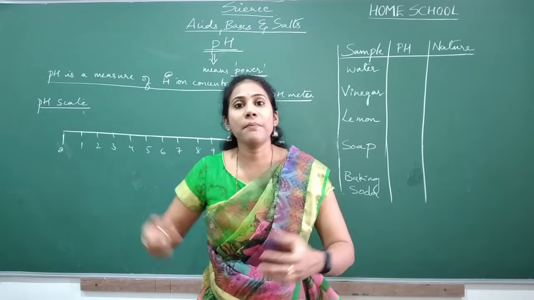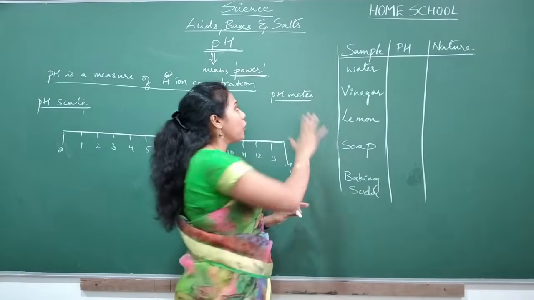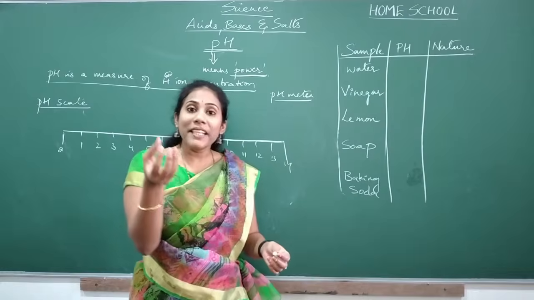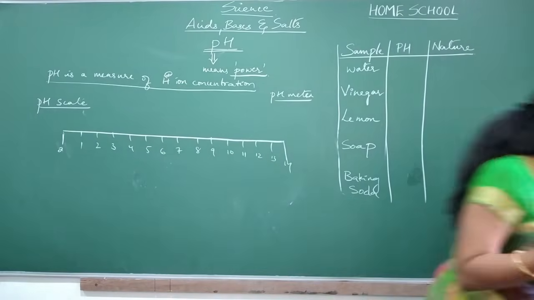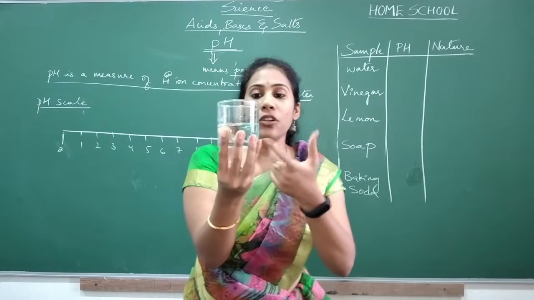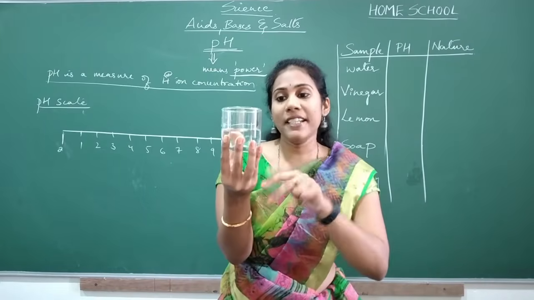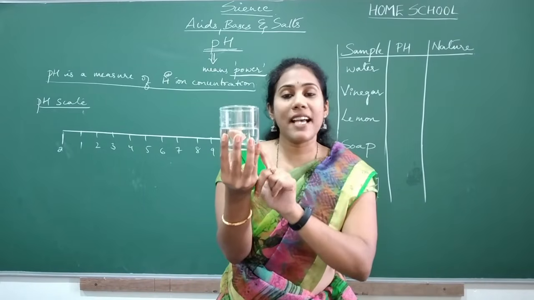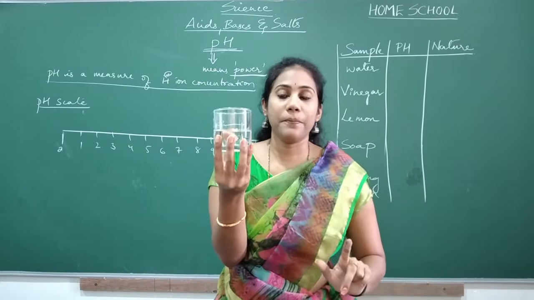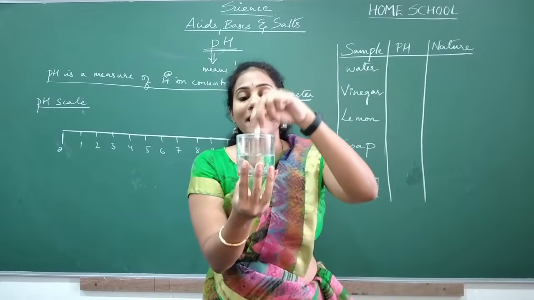Similarly, we have an instrument called a pH meter. When you dip it in a solution, say this is a solution and I don't know whether it is an acid or a base, and if it is an acid, I want to know whether it is a strong acid or a weak acid, I will dip the pH meter inside the solution.